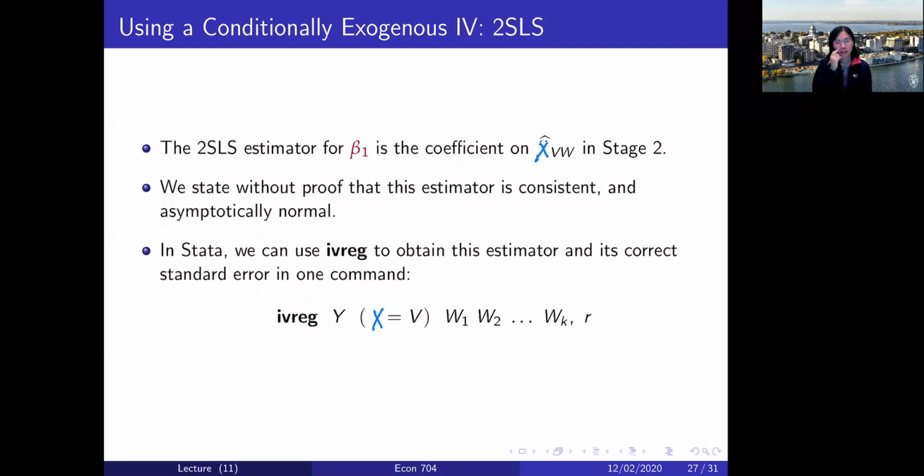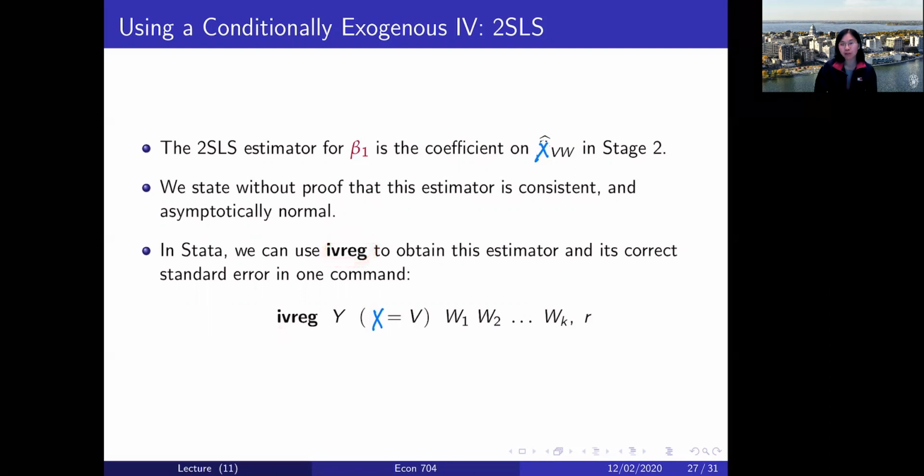All right. In Stata, clearly you should not run the two OLS regressions manually, because even though that gives you the correct estimator for beta 1, it doesn't give you the correct standard error for that estimator. So instead, you should use the ivregress command.